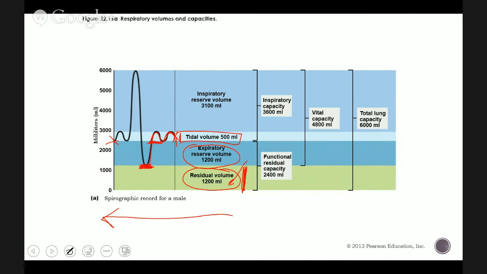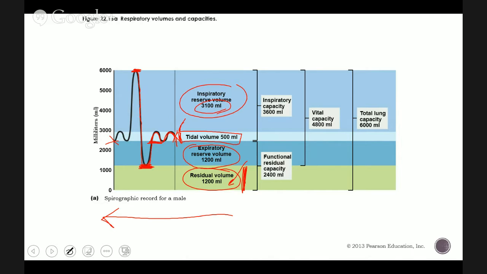Okay, so let's say I ask you to take a deep breath and bring in as much air as you possibly can into your lungs. Breathe in, breathe in, breathe in, and you just max out. You can't breathe any more air in. We call that the inspiratory reserve volume. So this is the amount of volume that you have at your disposal beyond the tidal volume.